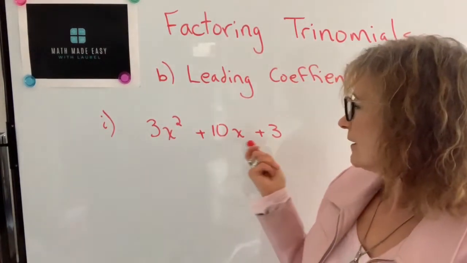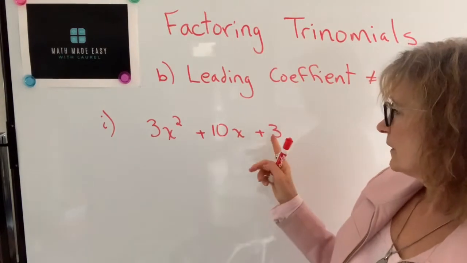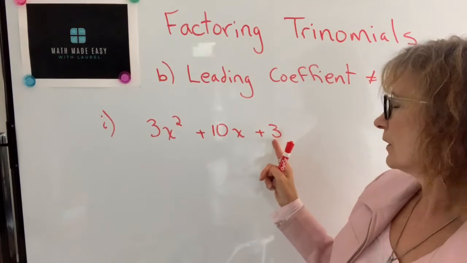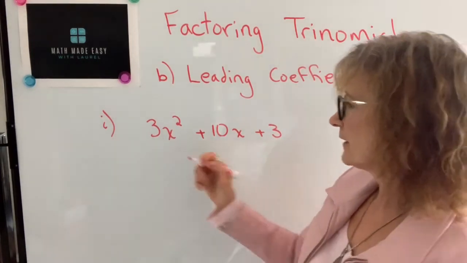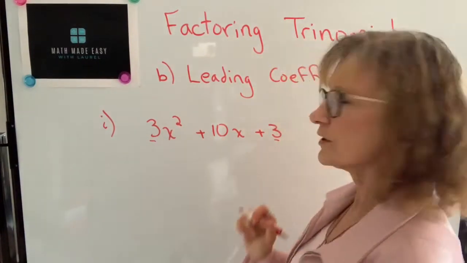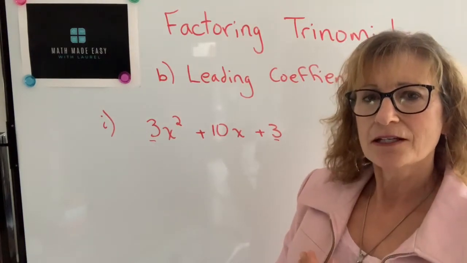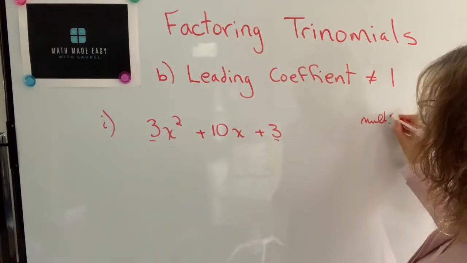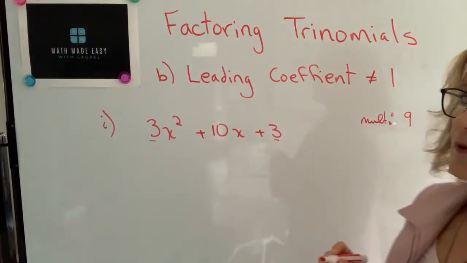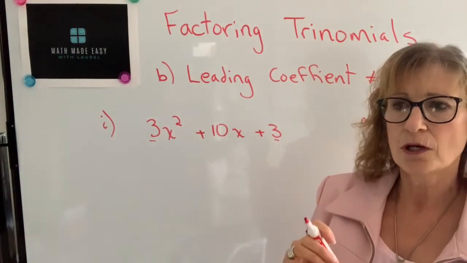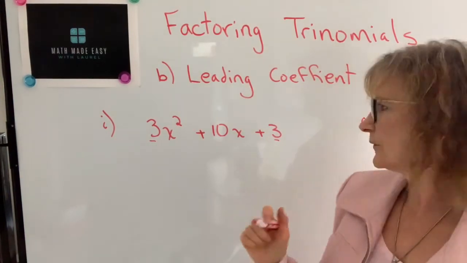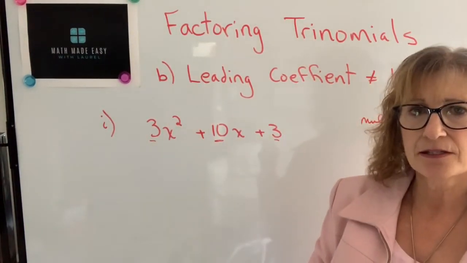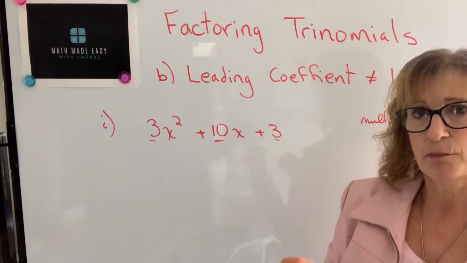So here we have an example, and instead of just looking at the coefficient of our constant term, or our last term, as before, in this case we look at this coefficient and we multiply them together. That's the number that we want two numbers to multiply to equal. We still use our middle coefficient as the number we want the sum to be equal to.